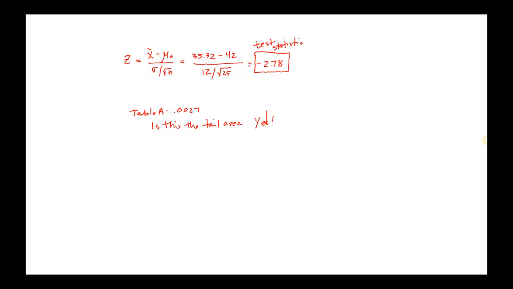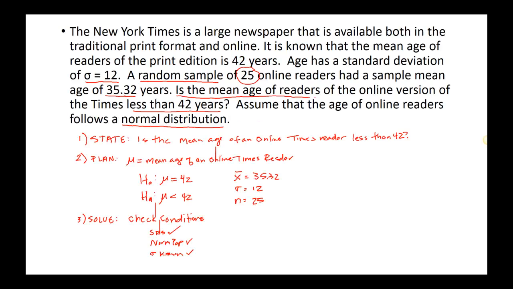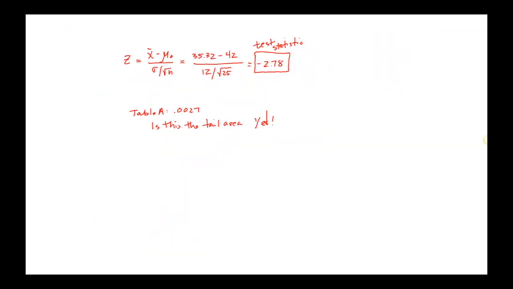Then I have to look at my alternative hypothesis and decide if I have a one-sided or a two-sided test. Looking back up here, I can see that it is a one-sided test. I can tell that by looking at the symbol that we have here. If it's greater than or less than, it's going to be one-sided. If it's not equals to, it's two-sided. If we have a one-sided test, then the p-value is equal to the tail area.